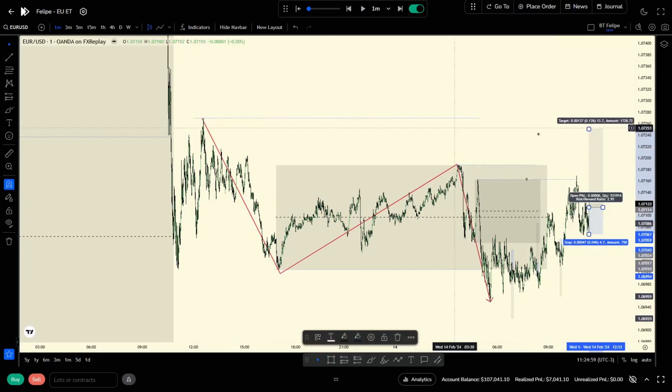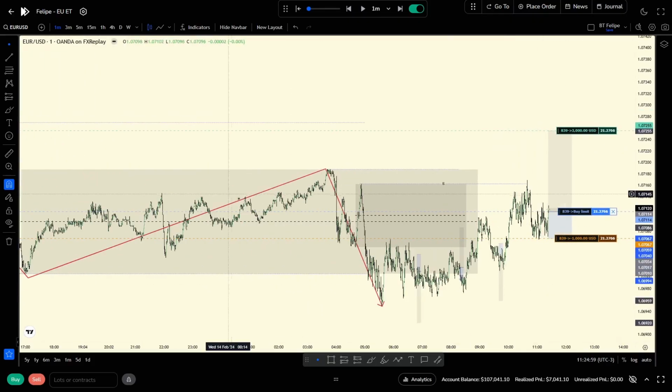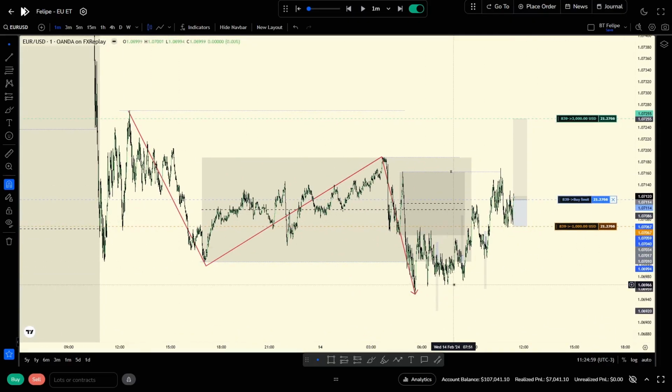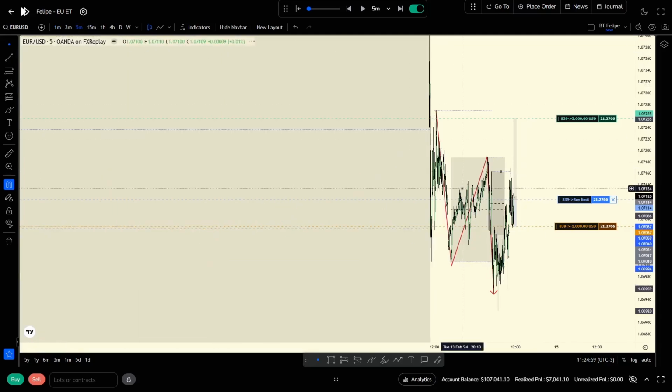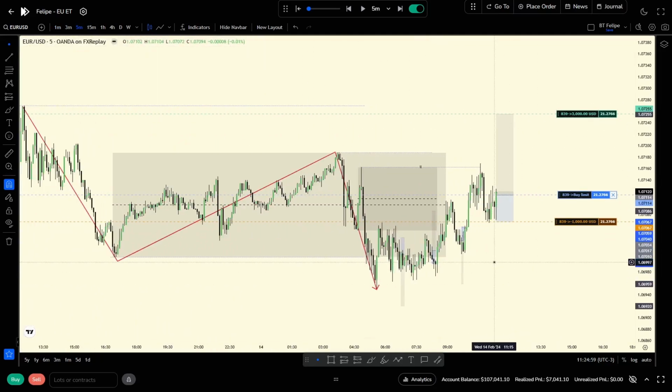Maybe price can take this high. Sure, let's try this. This I probably wouldn't try on live markets, just because I would probably try only this short.